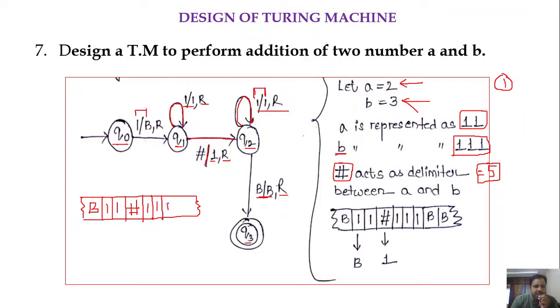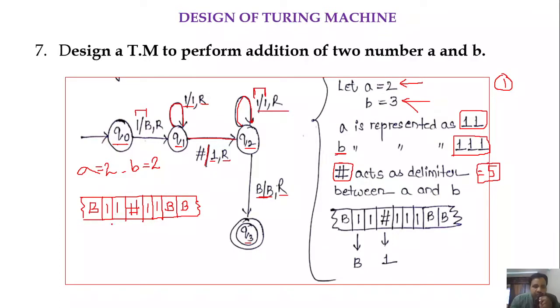Okay, and then we are having the blank here. So here I am considering a value as 2 and b value as also 2. So what will be the result? Result will be 4. That means at the end we must get 4 ones on the input tape, right?